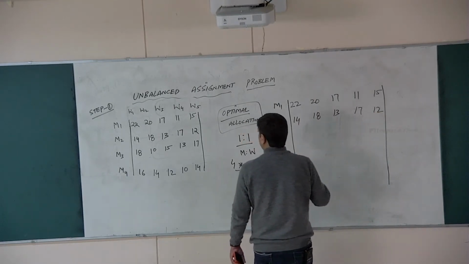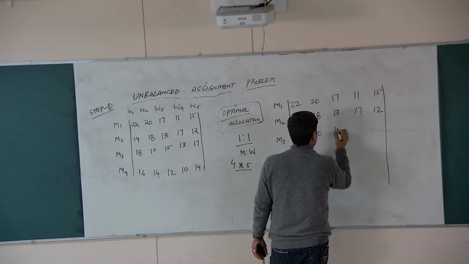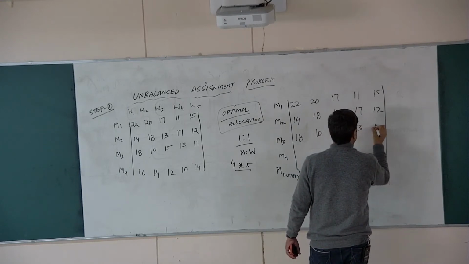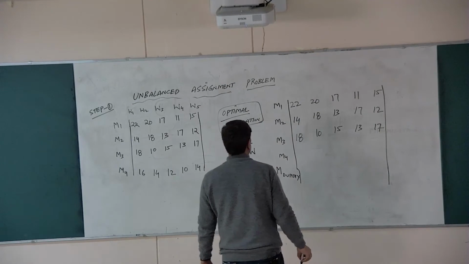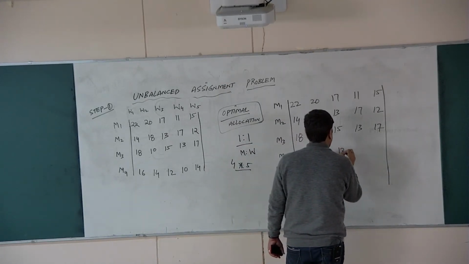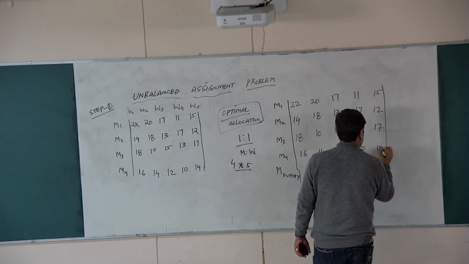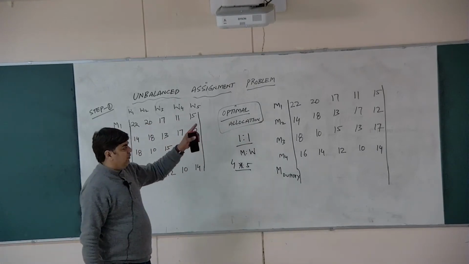Next is 18, 10, 15, 13 and 17. Next is 16, 14, 12, 10 and 14. Now regarding this dummy machine, we have the 5 workers.